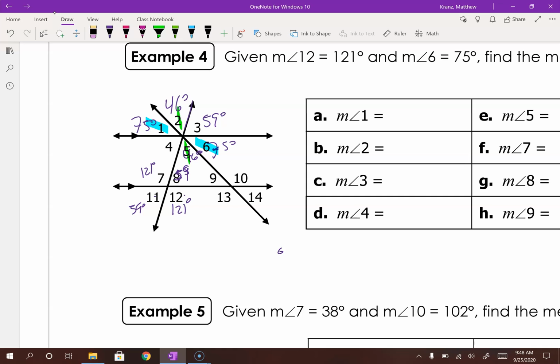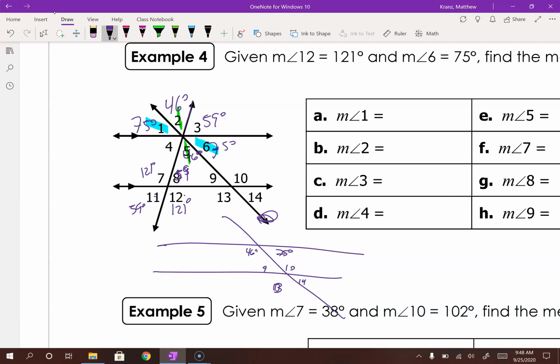So now, how do we tackle 9, 10, and 11? Well, for 9, 10, and 11, the way I'm going to look at it is I draw my lines, and I draw this line, right? This one right here. And I have 13, 14, 9, and 10. And then up here, I have angle 6, which is 75. I have this one, which is 46. Then I have this whole angle right here. 2 and 3 together is that angle.